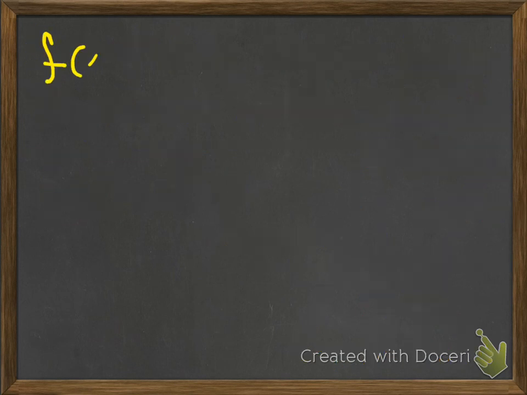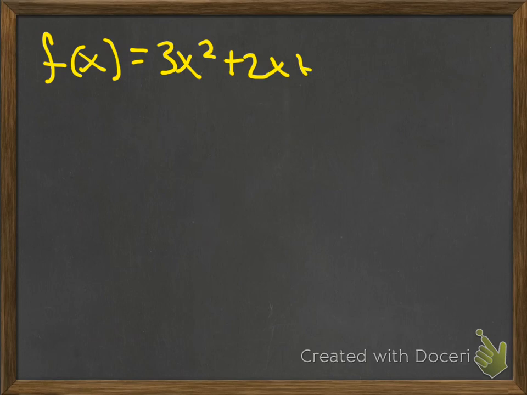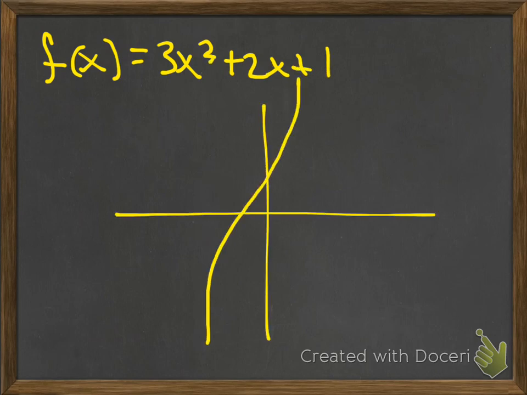Okay, so here's the next example. Again, you could graph this on the calculator, but here's the graph. That's supposed to be 3x cubed plus 2x plus 1, and there's the graph. How many real zeros? Again, we're only crossing the x-axis 1 time. Don't worry about the y-intercept.